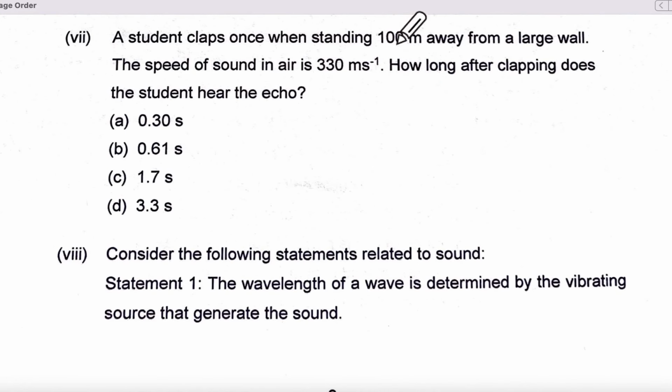A student claps once when standing 100 meters away from a large wall. The speed of sound in air is 330 meters per second. How long after clapping does the student hear the echo? This is simple. Your V is equal to 2D upon T. So T is equal to 2D upon V. How much is 2 into D? 2 into 100, upon 330.